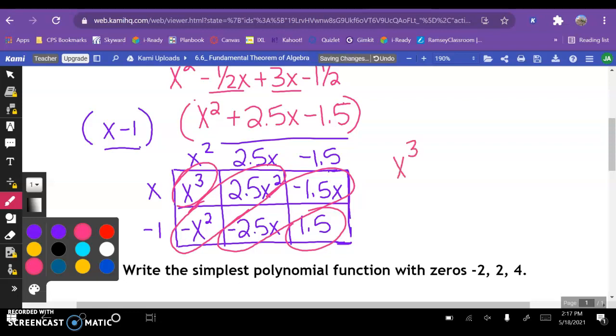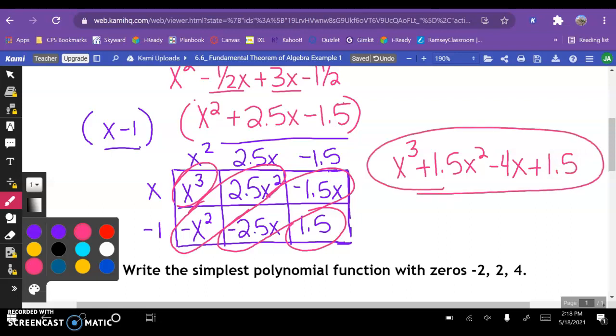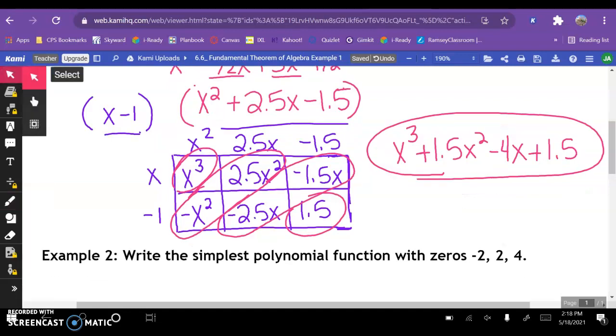Then we have a -1 and a +2.5x squared. So that would leave me with +1.5x squared. Then for the regular x's, we have -2.5 and -1.5. So that would leave me with -4x. And then we have a +1.5. So this is the polynomial. If we went backwards and factored it, we would get the zeros that were given above.